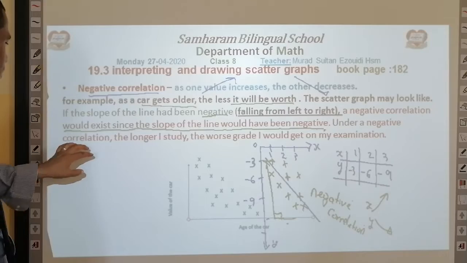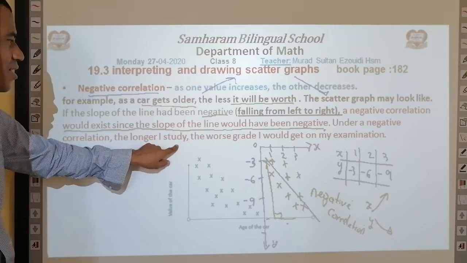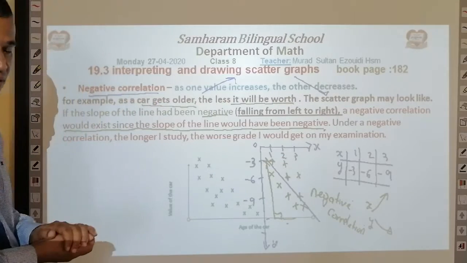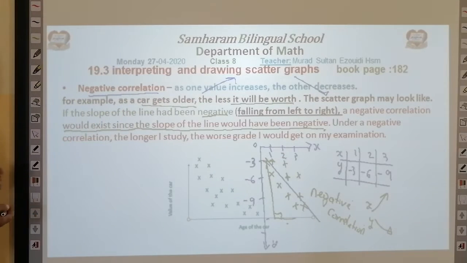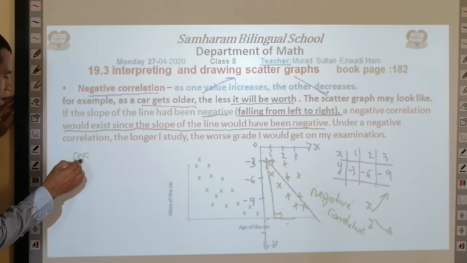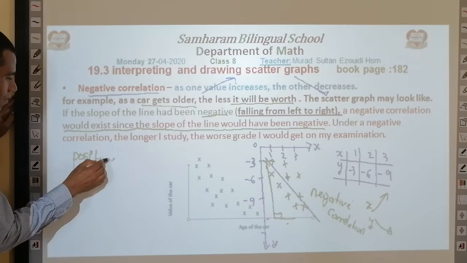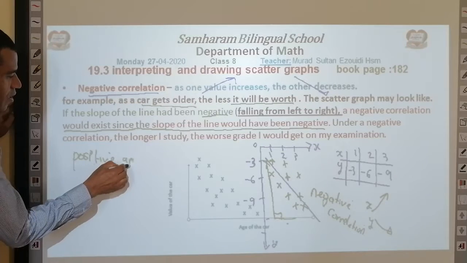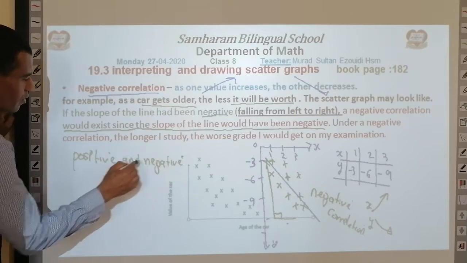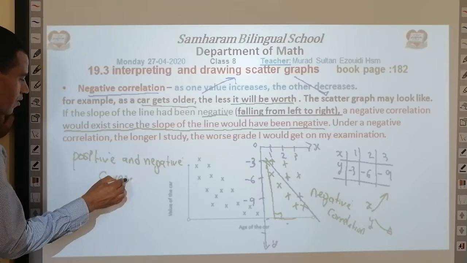And a negative correlation: the longer I study, the worse grade I would get on my examination. At least now we can distinguish between positive and negative correlation.